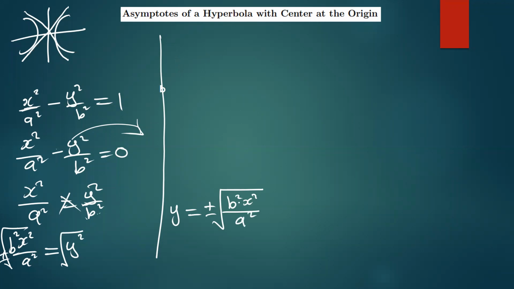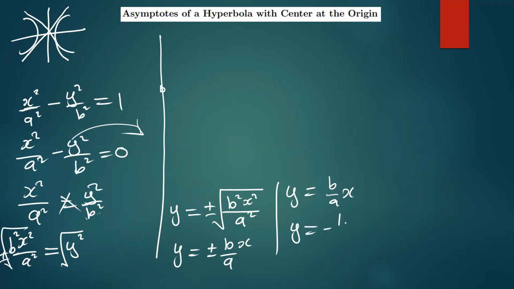So your solution will simply be plus or minus b over a times x, meaning the first equation will be y is equal to positive b over a times x. The second equation will be y is equal to negative b over a times x. So these are the two equations of these asymptotes.